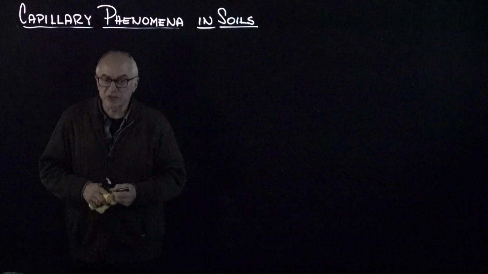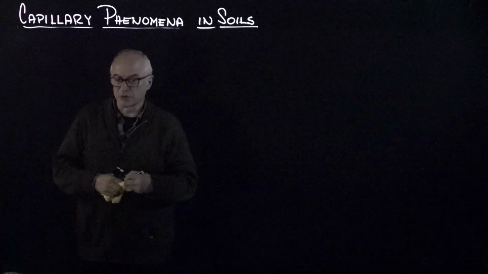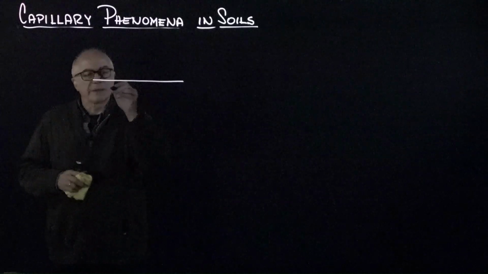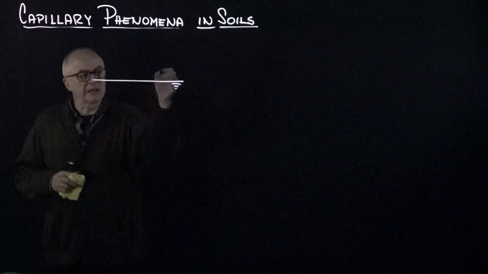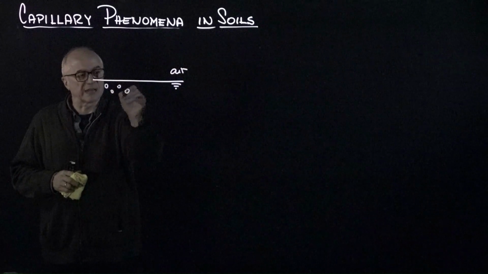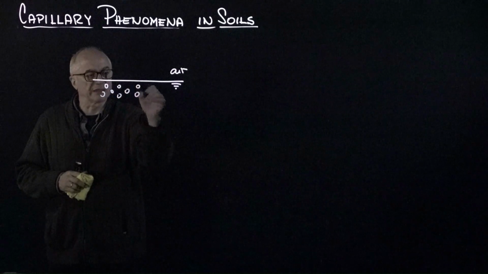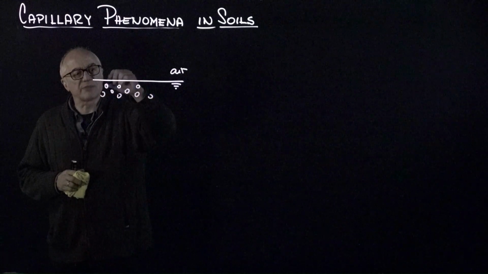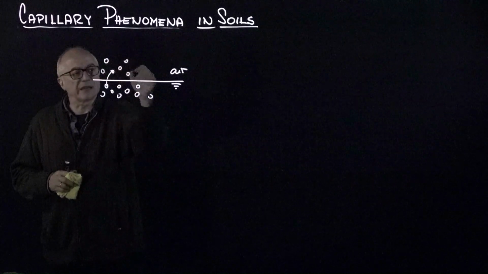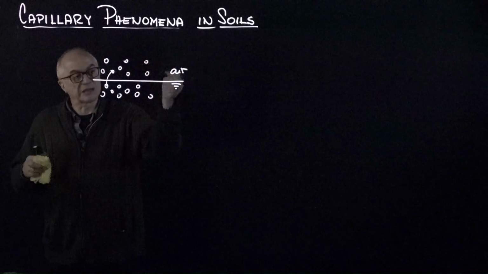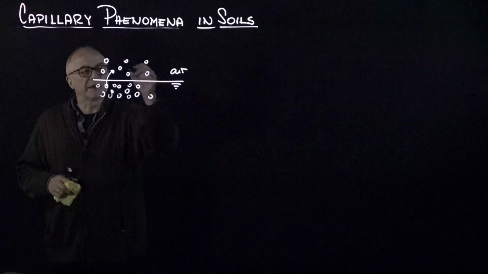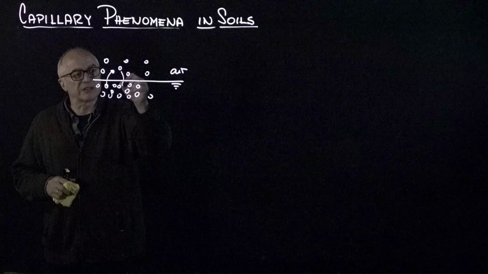What about the case of air and water, which is the more common case in soils? Well, the same happens. If this is the water level and this is air, then water molecules, which are dipoles, are continuously jumping out, and air now contains water molecules at a lower density than in the liquid, of course, because it's a vapor phase, but these are also continuously jumping in.